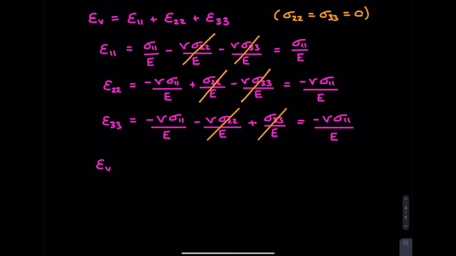So epsilon V is going to be equal to epsilon 11, which is sigma 11 divided by E, plus epsilon 22, which we know is negative v sigma 11 divided by E, and then plus epsilon 33, which we now know, of course, is negative v sigma 11 divided by E. So this is our equation down below, and this is what we're left with.